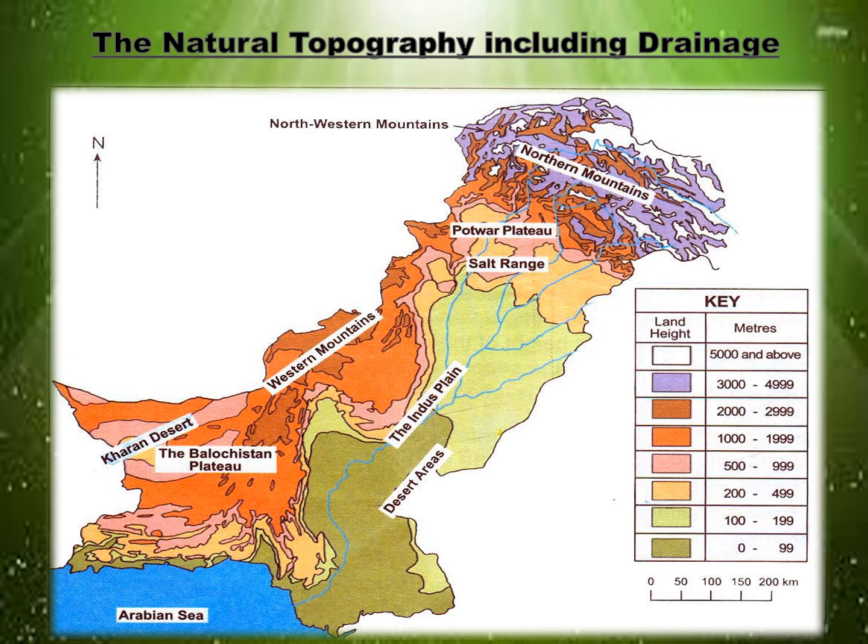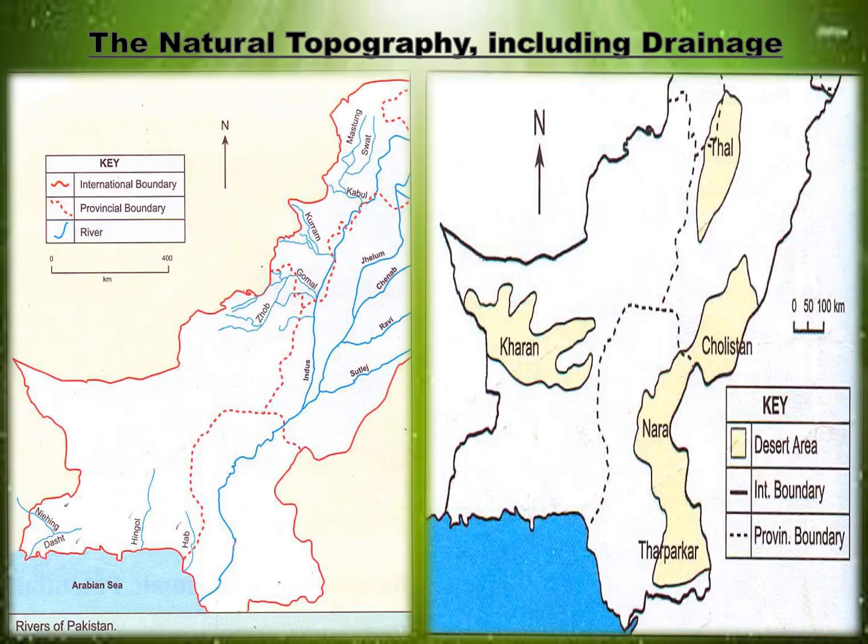The Upper Indus Plain is in northern Punjab, and the Lower Indus Plain is in parts of Sindh and southern Punjab. Then we have the Kharan Desert in Balochistan, the Thar Desert in Sindh, and in Punjab we have the Thal Desert. We have the Arabian Sea in the south. So these comprise all the topographical areas of Pakistan.